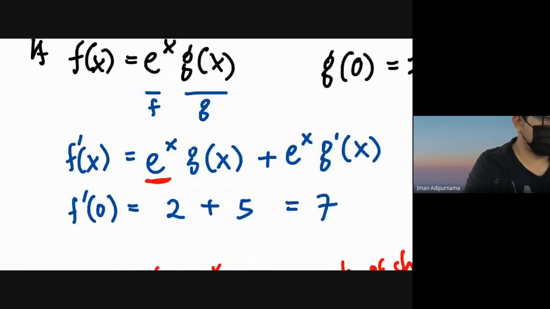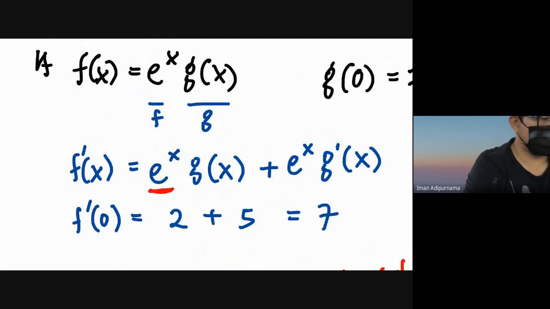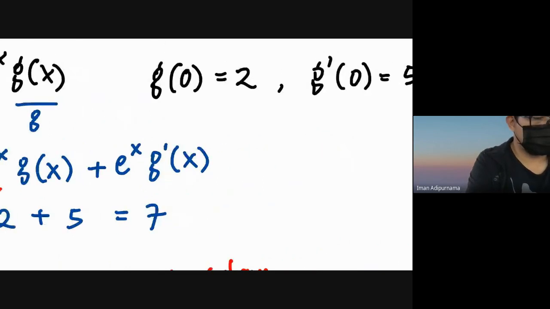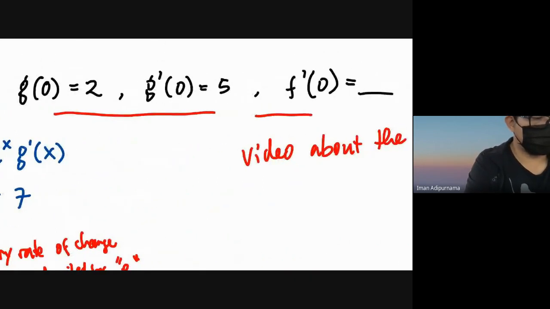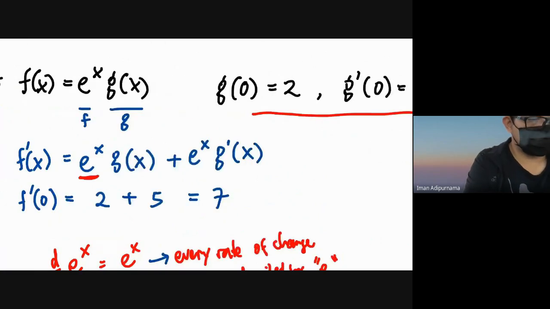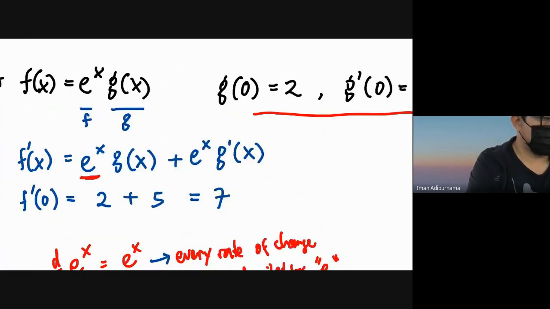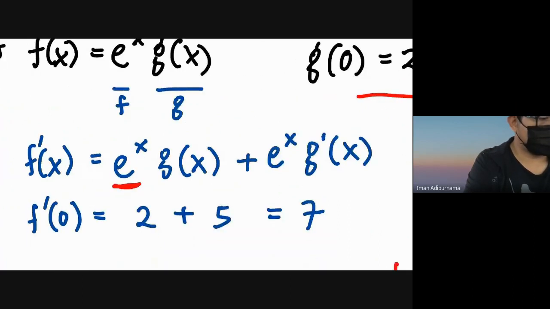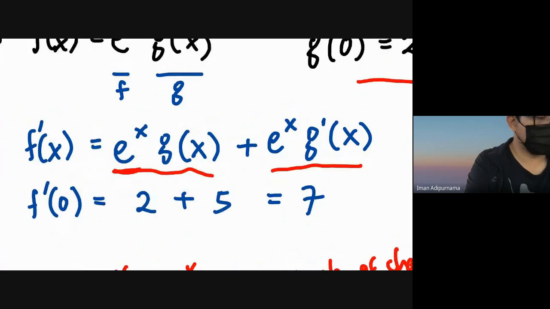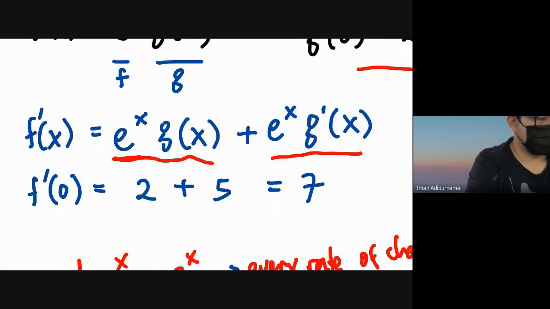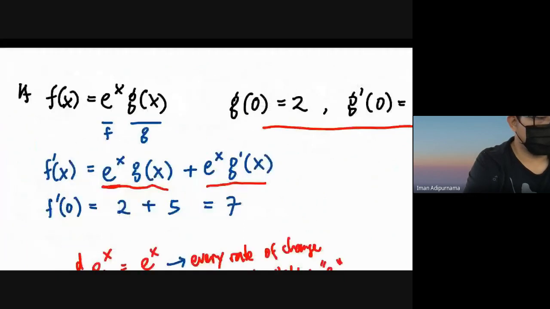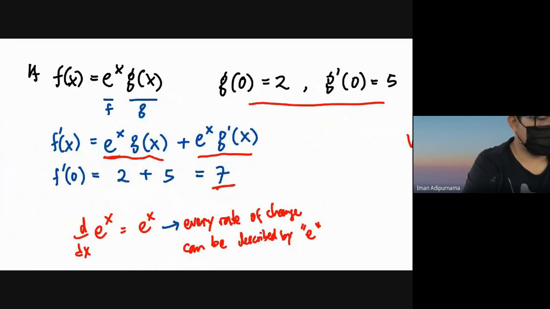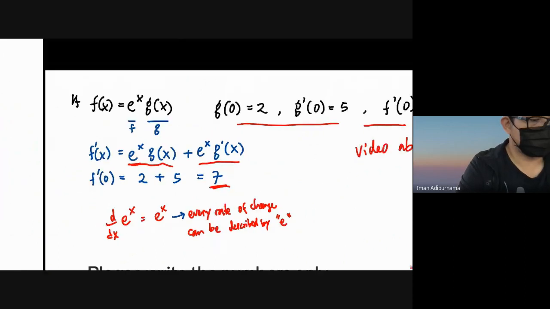And here, the question is asking, if you have this function here, with g of 0 and g prime of 0 written here, you just need to derive the function using the product rule, put in 0, see the information here, and you get the answer, which is 7.